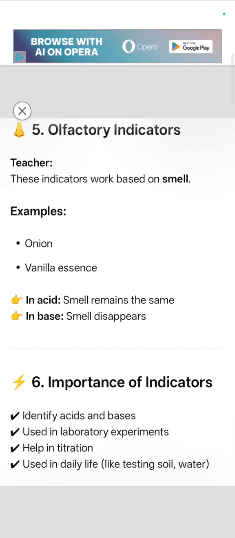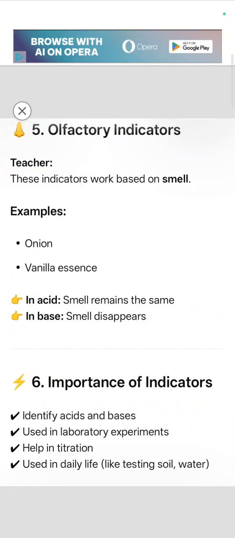When I put an olfactory indicator like onion inside an acid, the smell remains the same. But if we put it inside a base, the smell disappears. So the smell changes. That's why it is known as an olfactory indicator.